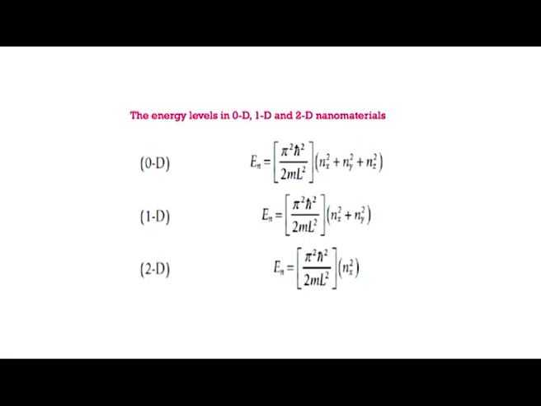In the case of a two-dimensional material, the confinement is only along one dimension. Say the x-axis is the confined axis in the nanoregime. Then the energy equation is E = π²ħ² / 2mL² × nx².